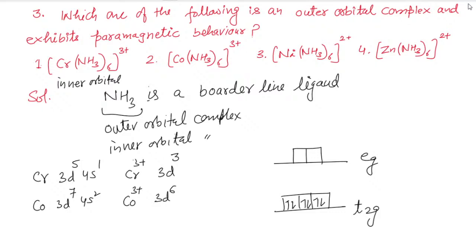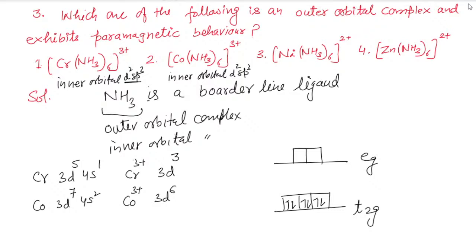That's why it is also an inner orbital complex, and hybridization here is d2sp3. This is diamagnetic because all electrons are paired, and in cobalt, hexaammine cobalt 3, it is diamagnetic.